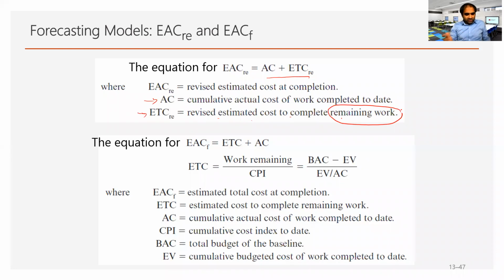So we look into those numbers. This is ETC revised. If it is EAC forecasting, this is ETC plus AC. ETC is work remaining divided by CPI, where work remaining is budgeted cost minus EV, and CPI you already know.